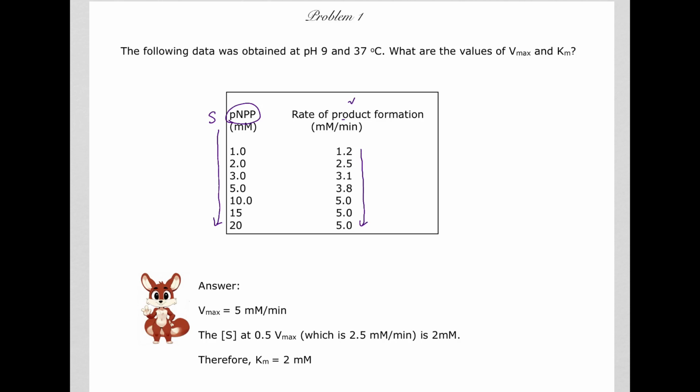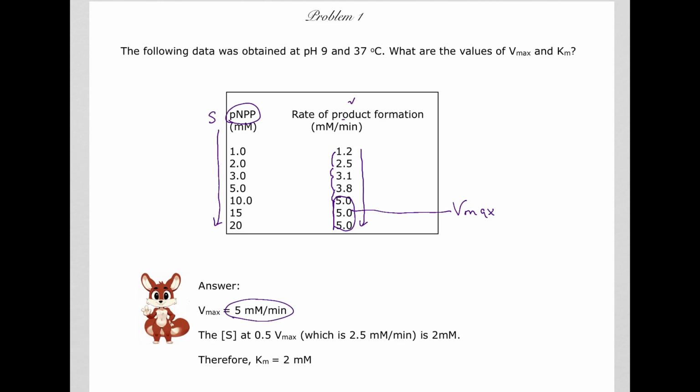If you look carefully at the velocity, you can see that it goes up 1.2, 2.5, 3.1, 3.8, and then it goes to 5, and then it remains at 5. So clearly 5 is the maximum. So the Vmax is 5 millimolar per minute.